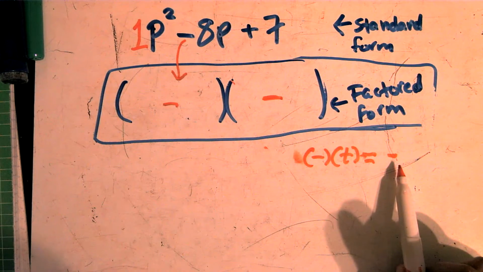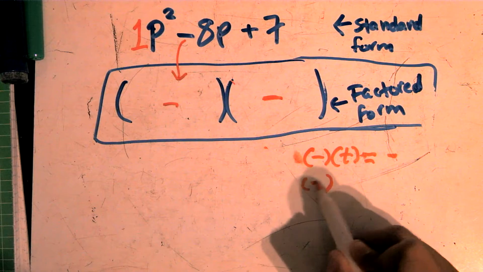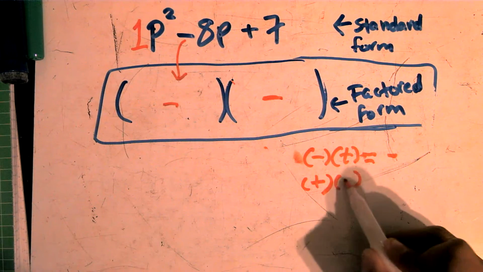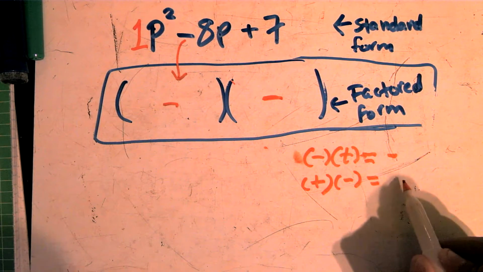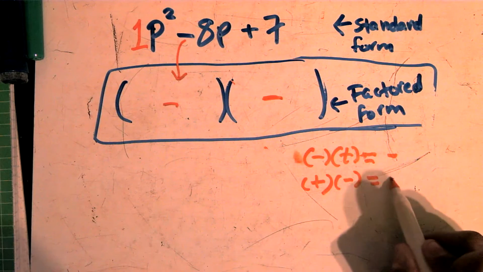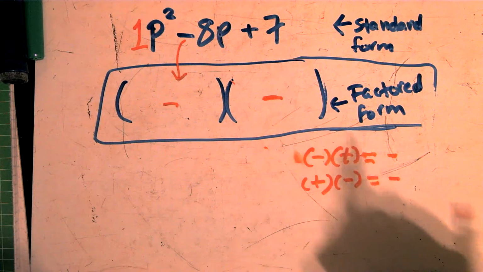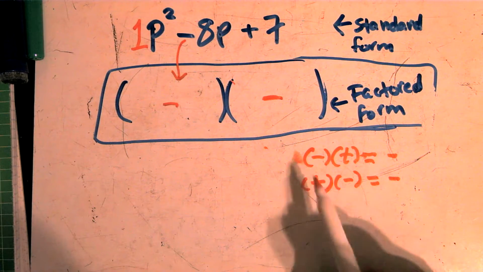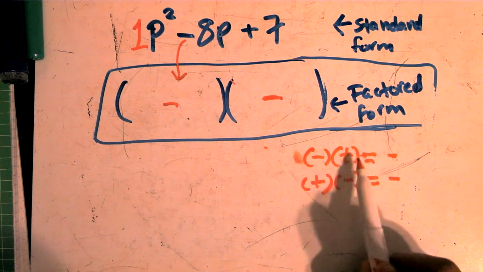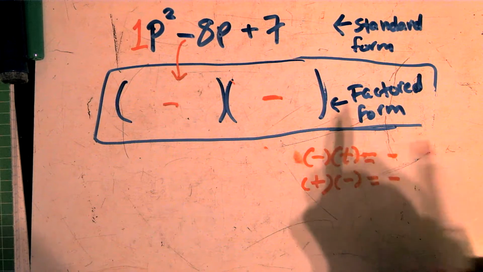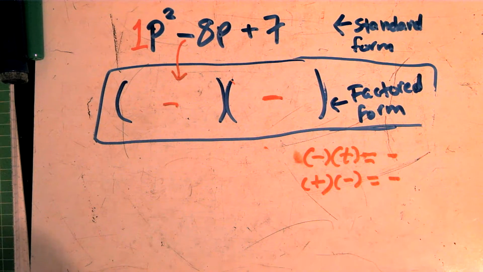Your answer is going to be a negative number. And since multiplication is commutative, the order of how you multiply doesn't matter. So a positive times a negative is going to give me a negative number, like positive 2 times negative 2 is negative 4. You can plug in any numbers, and you're going to see that you get a product that's a negative number.